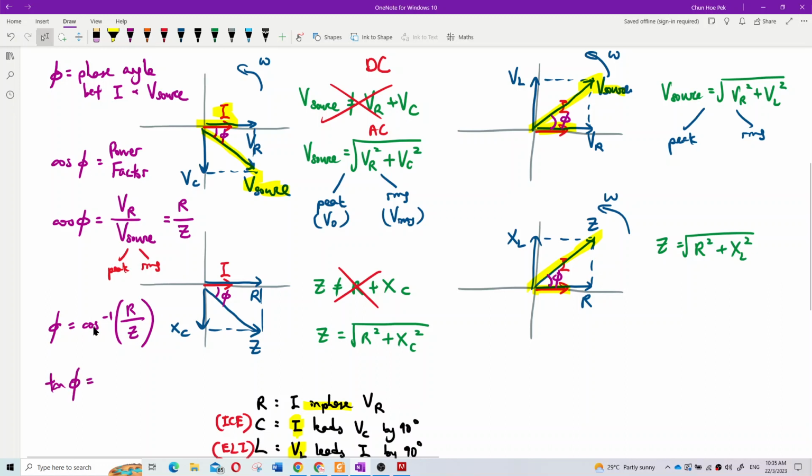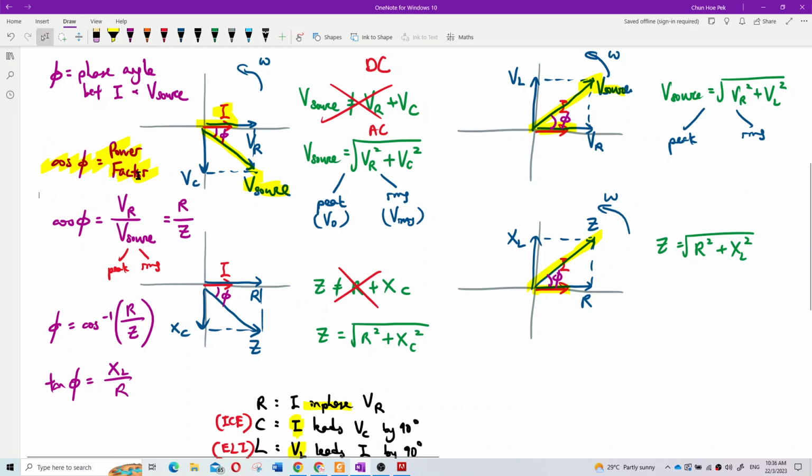Tangent phi is XL over R. But tangent phi is not power factor. Power factor is only cos phi.